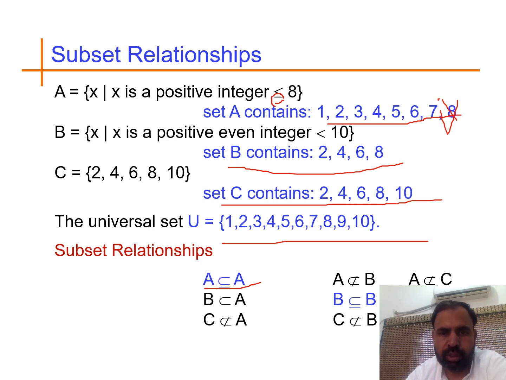Note that A is not a proper subset of B. You can see from this, A is not a proper subset of C, B is a proper subset of C. You can see B is a subset of C and C is also a subset of C. C is not a proper subset of A, and C is not a proper subset of B.